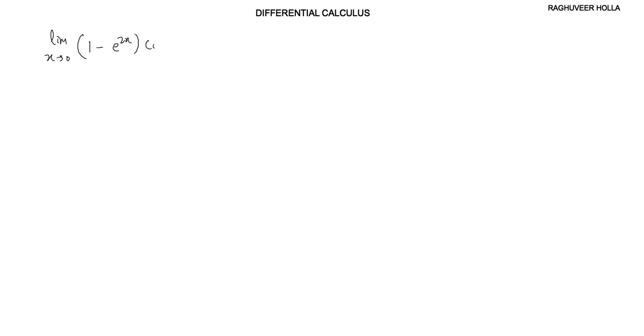Okay, let us look at another problem. Limit x tends to 0 of 1 minus e to the power of 2x times cot 3x.